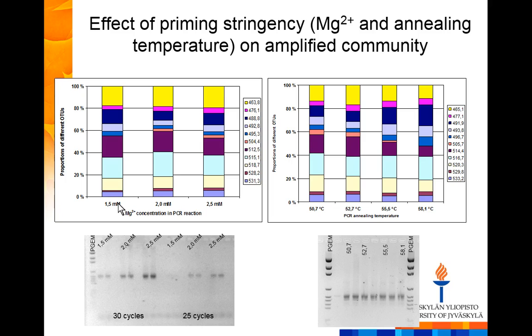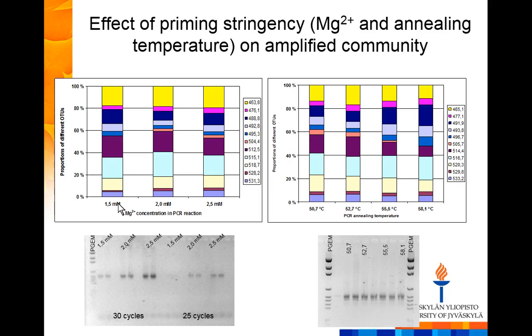For example, if you use a slightly different annealing temperature, where the primers anneal to your template, that has an effect on the recovered community. If you use different master mixes with different magnesium chloride concentrations, you will recover a slightly different community.